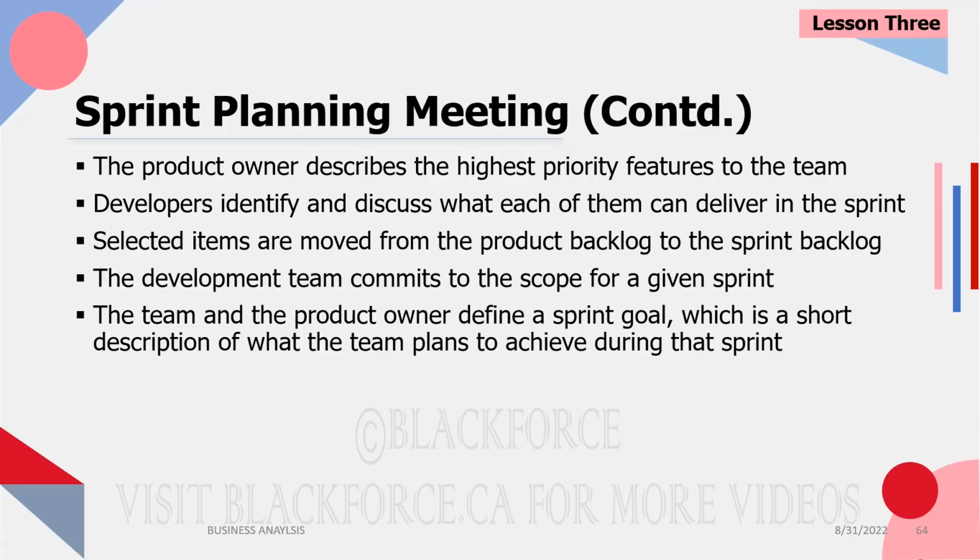Of the stories that the product owner identifies as the highest priority, the developers or programmers identify and discuss what each of them can deliver. Every man must speak for themselves, but at this point, only the programmers are talking, not the BA, not the QA, not the product owner or the scrum master.